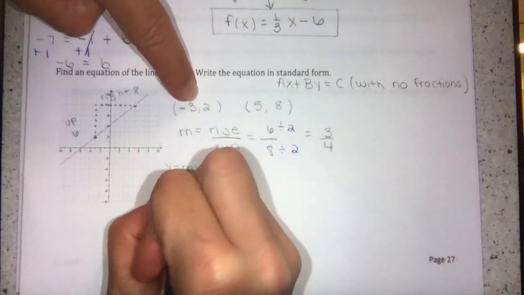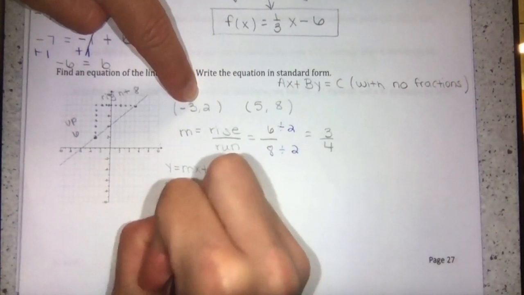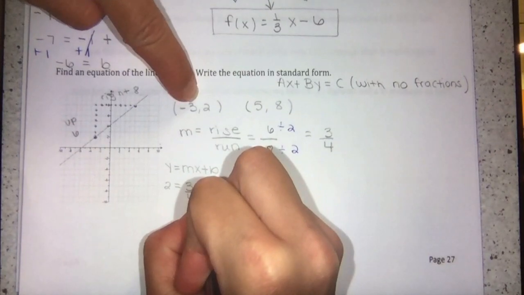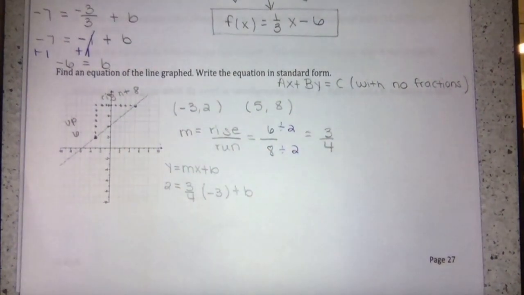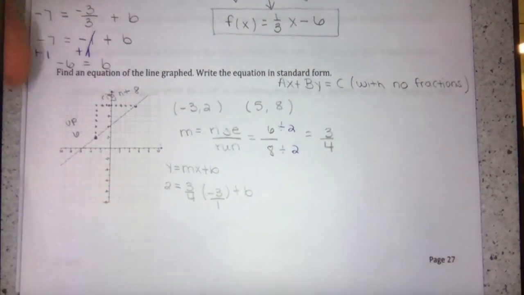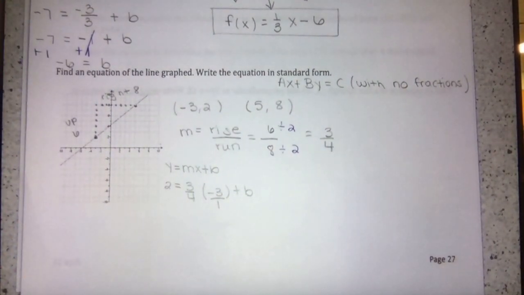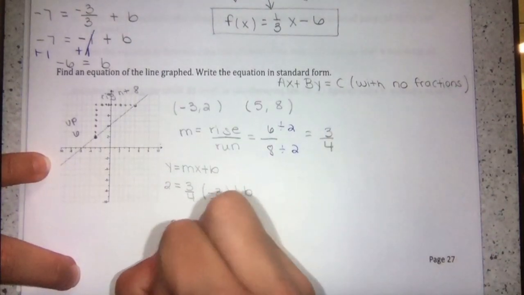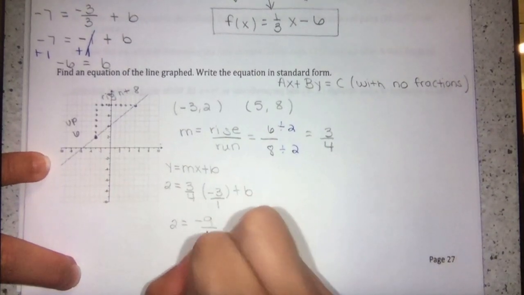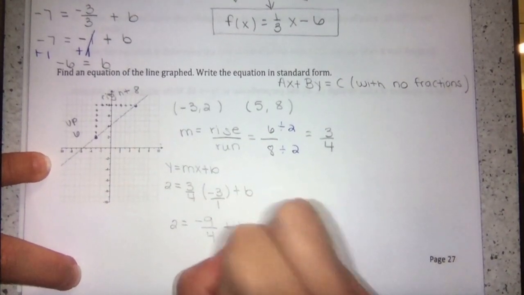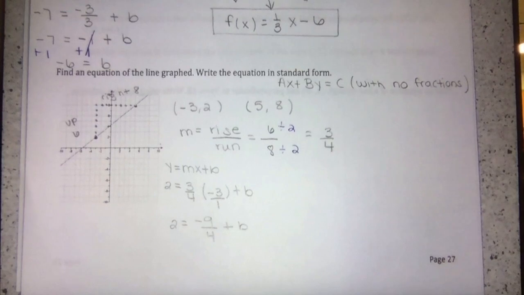So 2 equals 3 over 4 times our x value, -3, plus b. If it helps you, write it as -3 over 1. So multiplying across, we have 2 equals +3 times -3 is -9 over 4 plus b.